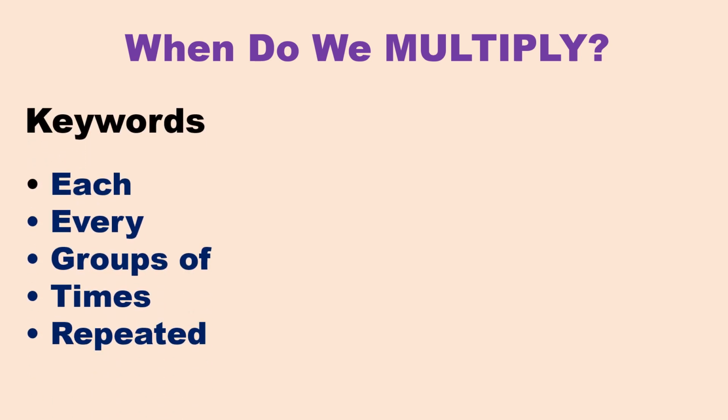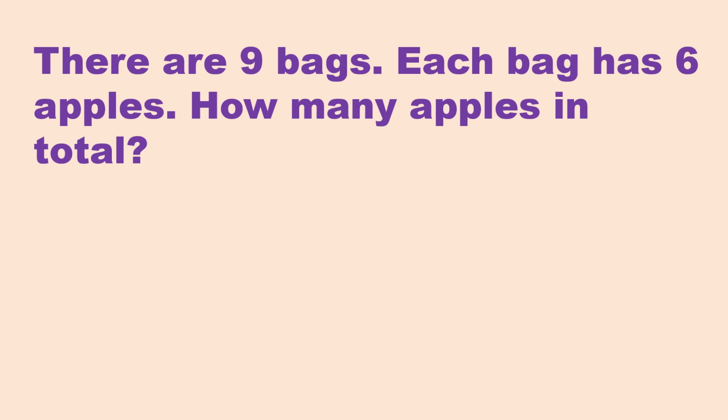Next, when do we multiply? We multiply when we see words like each, every, groups of, times, and repeated. Let's see a question. There are 9 bags. Each bag has 6 apples. How many apples in total? See the question carefully. There are 9 bags, which means groups of bags are given, and each bag has 6 apples.